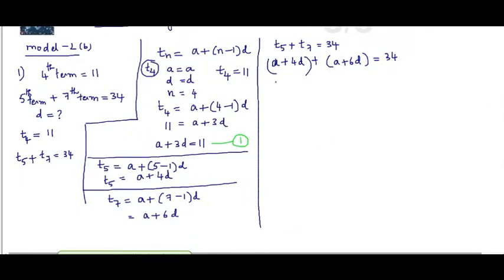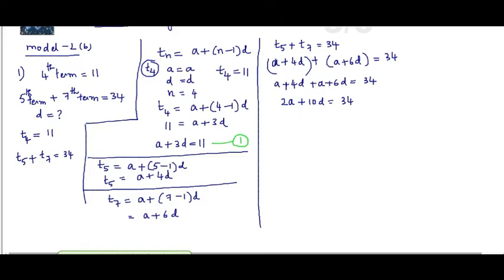Now it will be A plus 4D without brackets, I am writing now because everything is positive. There is nothing to worry. Just in case it is having negative terms, we need to calculate them carefully. So A plus A is 2A obviously, and then 4D plus 6D is 10D is equal to 34.